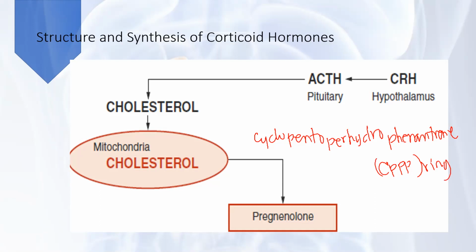Remember, guys, that the cyclopentanoperhydrophenanthrene or the CPPP ring is a 17 carbon skeleton. This is a 17 carbon skeleton that is derived from our cholesterol.